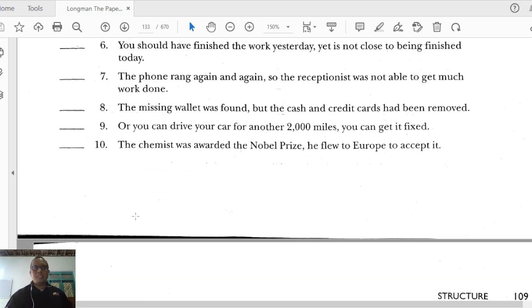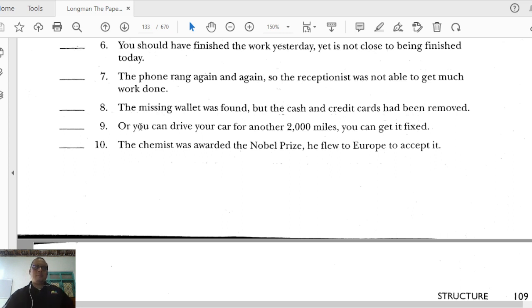Number 8, the missing wallet was found, but the cash and credit cards have been removed. The missing wallet, okay, subject, was found, verb, but the cash, subject, and the credit card, subject had been removed, had been, verb. Okay, that's correct.